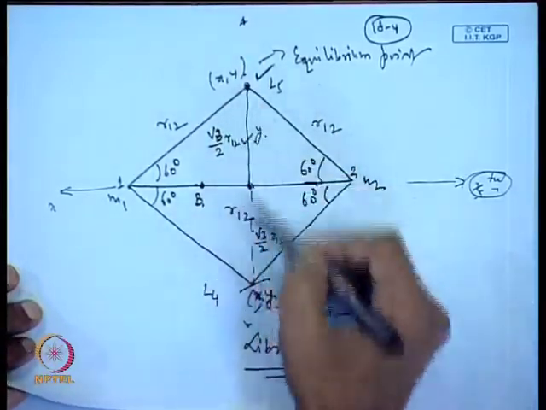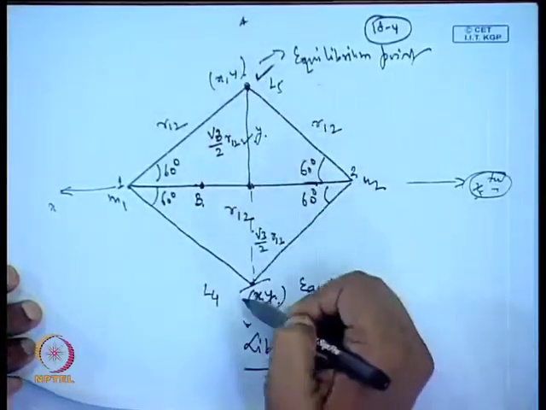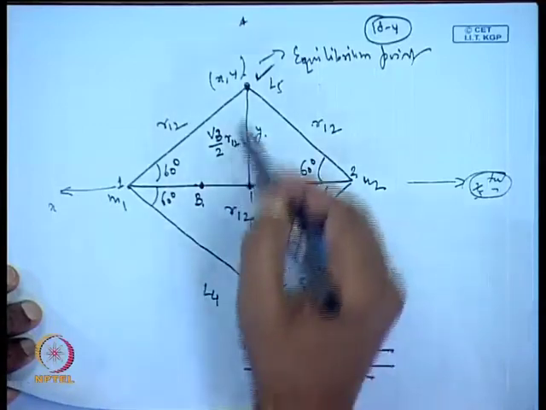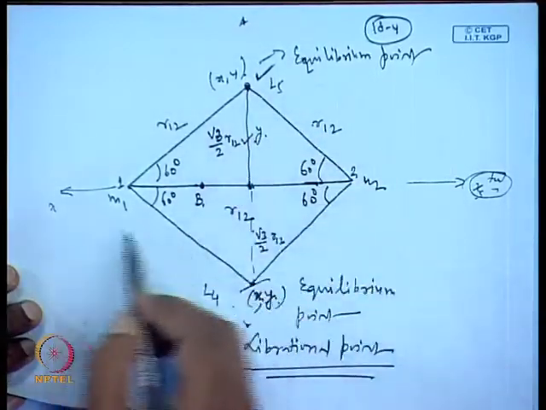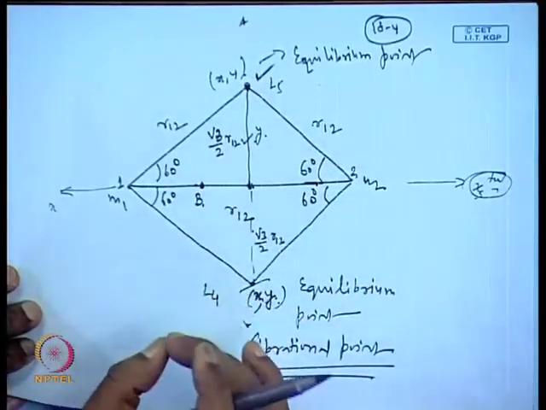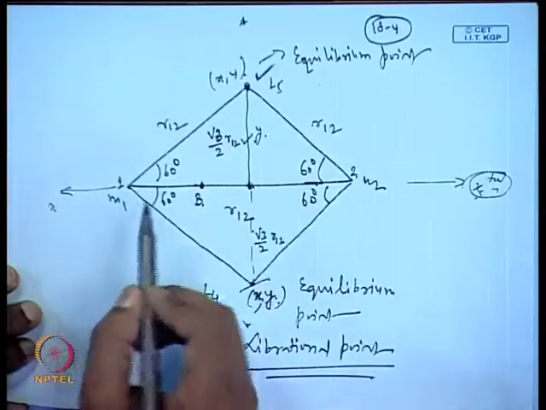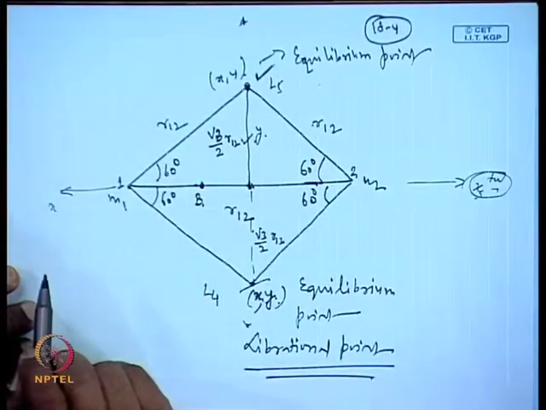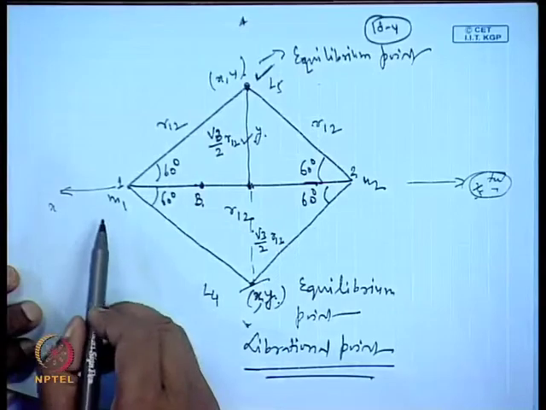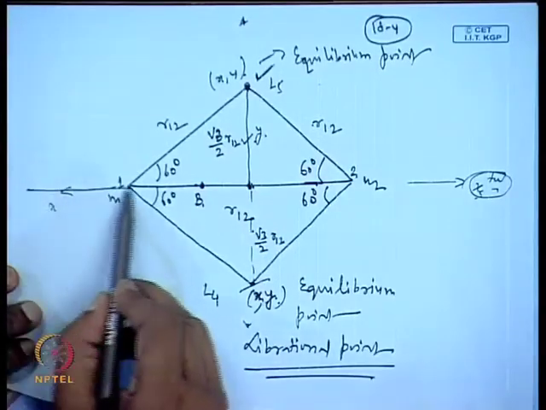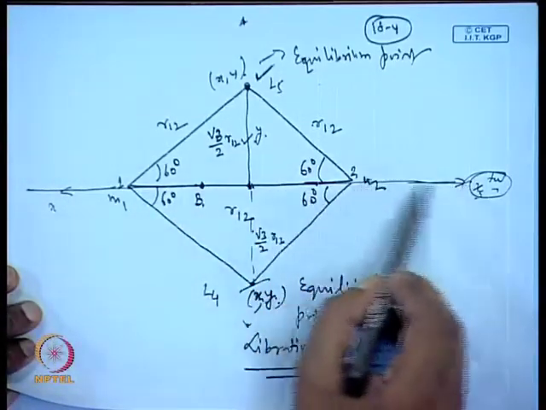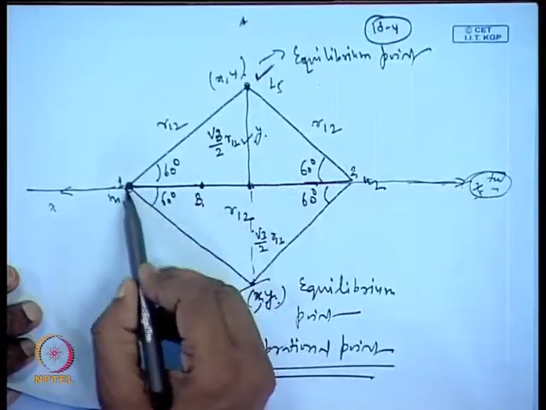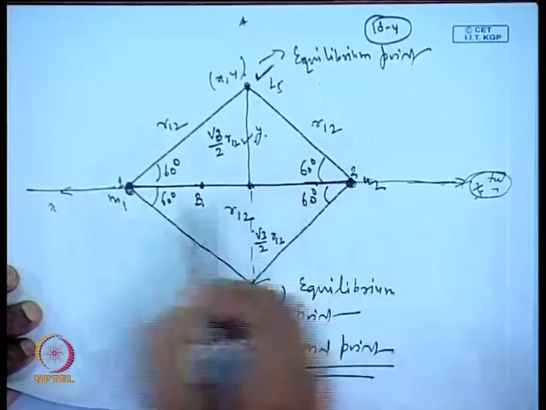So any one of them can be called L 4 or L 5. This notation is just arbitrary. We initially stated that there are a total of 5 equilibrium points, so the rest of the 3 lie on this x axis. Next, we are going to find out where those 3 remaining points are lying.